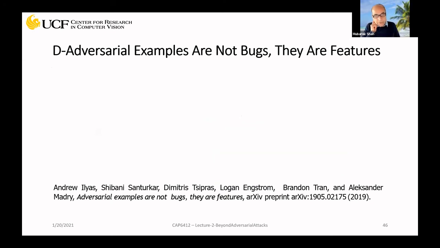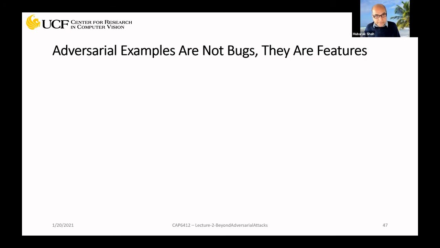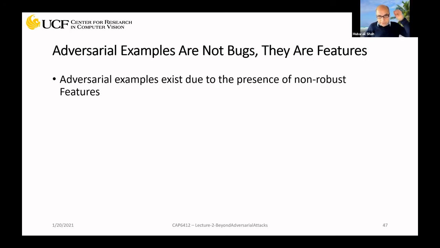So then we have the last paper, which says the adversarial examples are not bugs, they are features. So in this one, what we are going to talk about is that these adversarial examples exist due to the presence of non-robust features, because these standard classifiers are somehow utilizing non-robust features, and then we can fool them by giving them adversarial examples.